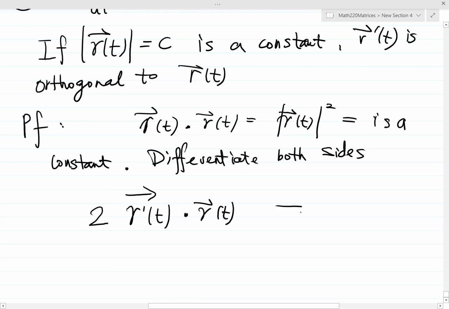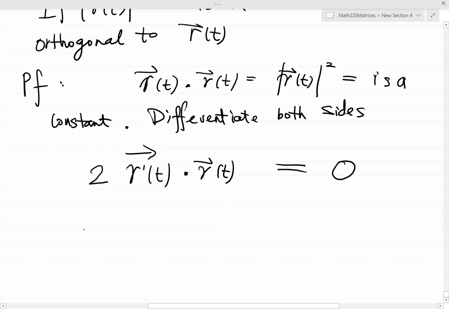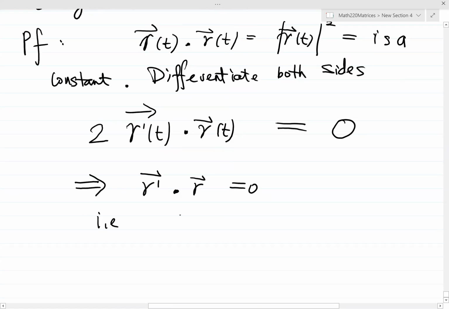Now the right side we get a 0. This tells us that r derivative dot product with r is 0. So r derivative is perpendicular, orthogonal to r(t).